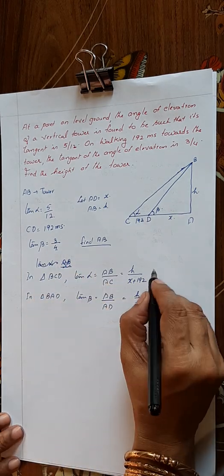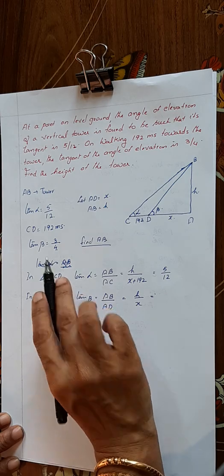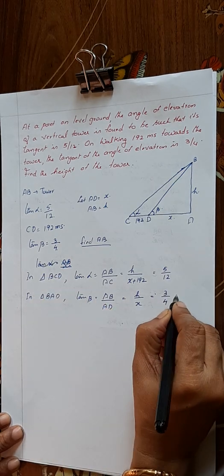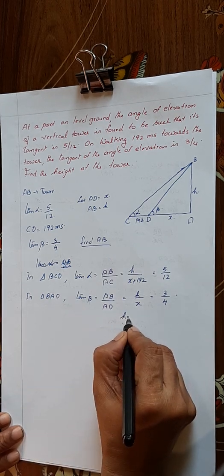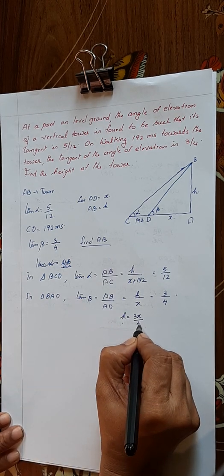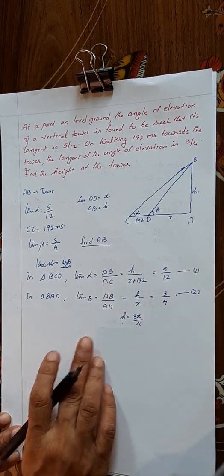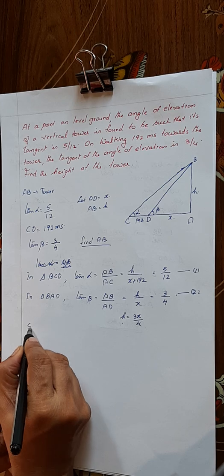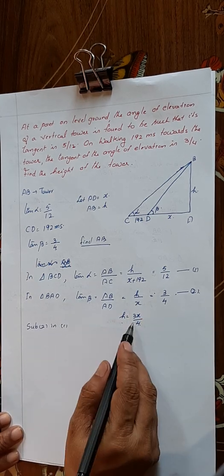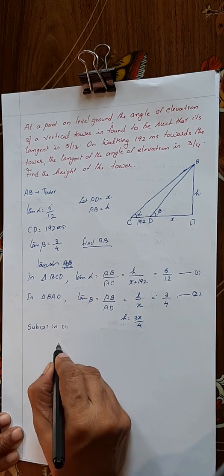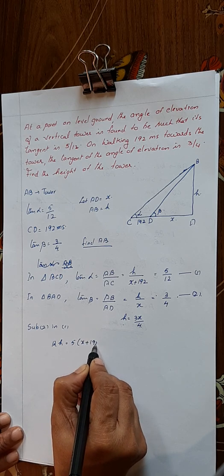Now we have tan alpha is equal to 5 by 12 and tan beta is equal to 3 by 4. So from this, h is equal to 3x by 4. So this is equation 1 and 2. Now we will substitute the value of 2 in 1. So 12h is equal to 5 into x plus 192.